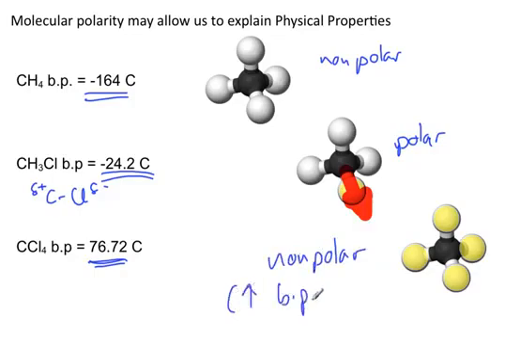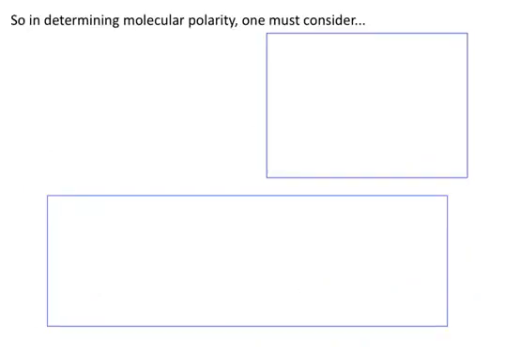So the increased boiling point is due solely to increased dispersion forces. So even though you have a nonpolar molecule, size of the atom, size of the molecules is going to have a bearing. And so these are the sorts of things you have to consider with physical properties.